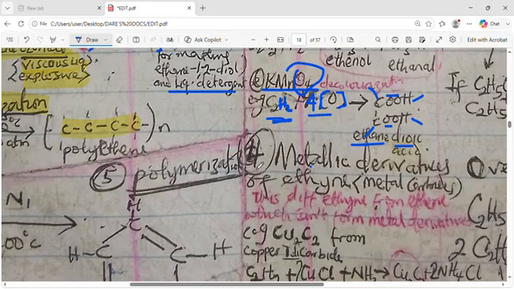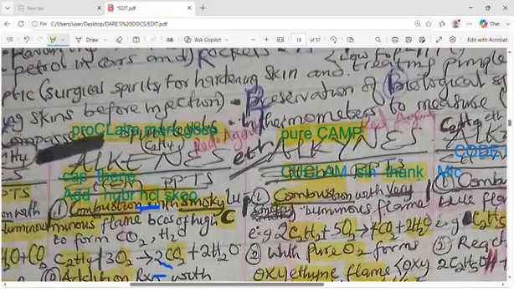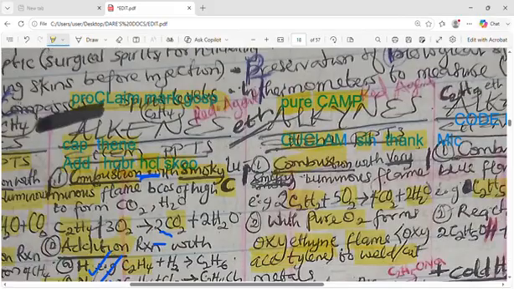Then after the KMnO4, we can also make use of metallic derivatives for our alkyne. In what way can we use metallic derivatives for alkyne? Remember we are still following the mnemonics that talked about PURE CAMP. The M now is the metallic derivatives.